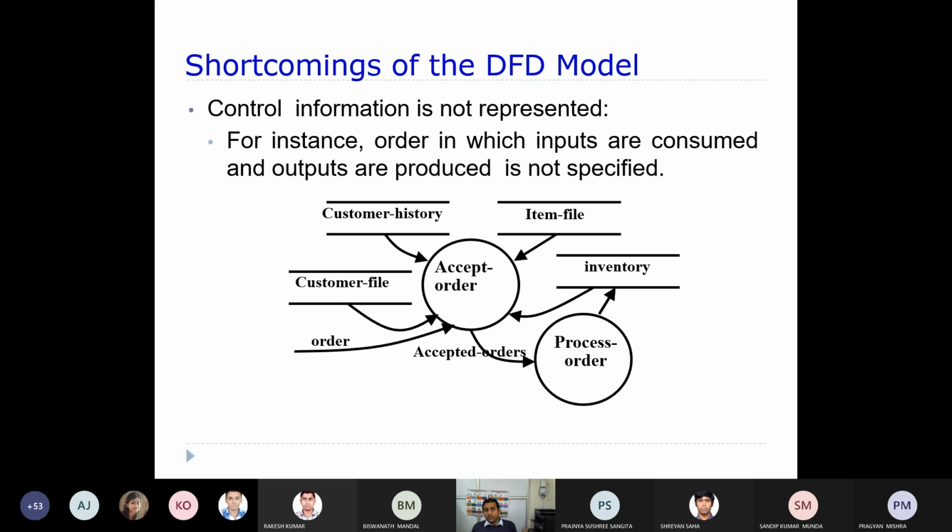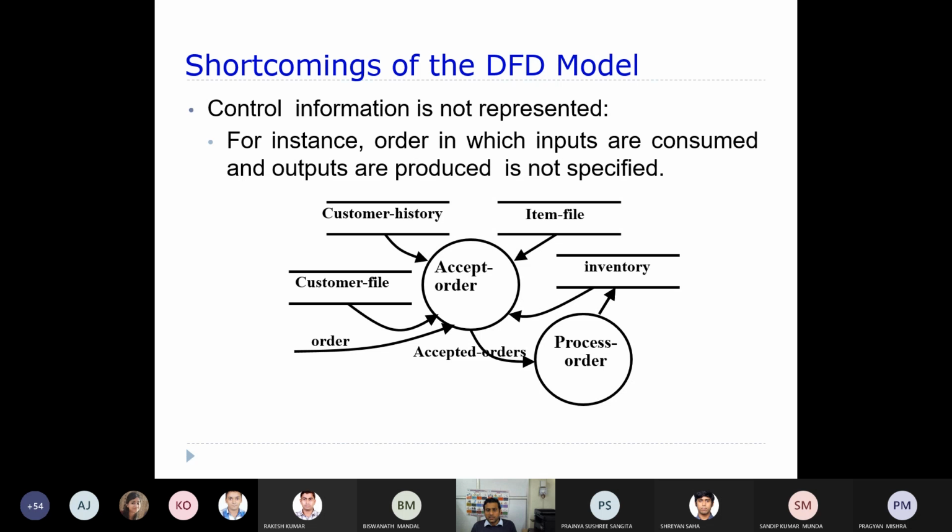And the control information is not represented. For this particular processing, so many input data are coming: customer history, customer file, order file, inventory file, inventory data, all coming to this accept order. There are so many data items, but is this diagram representing which data input will be considered first?